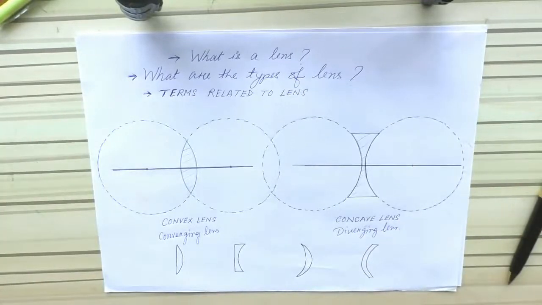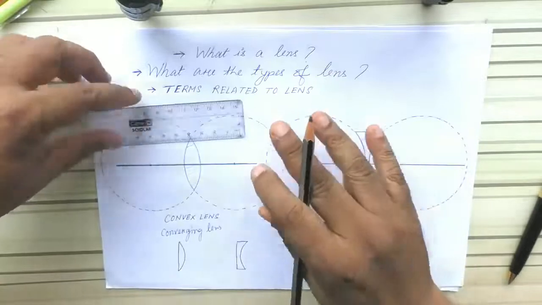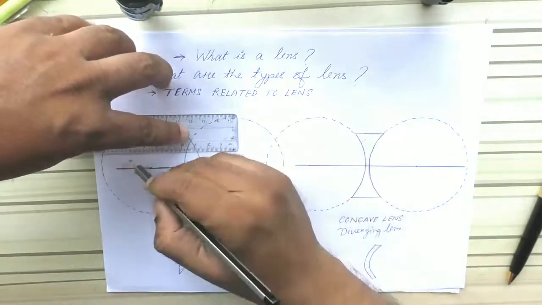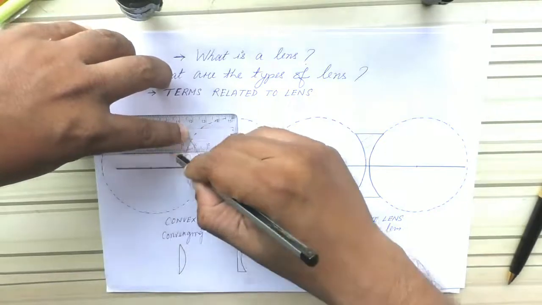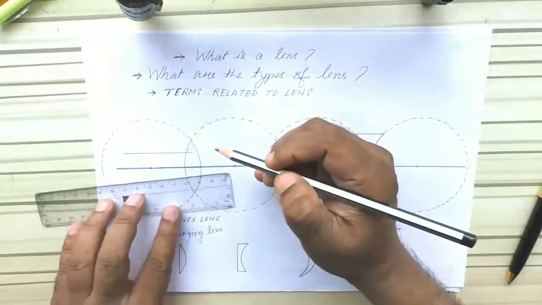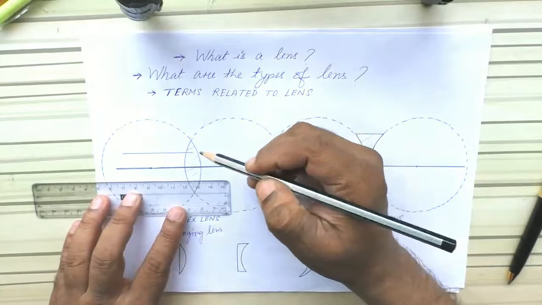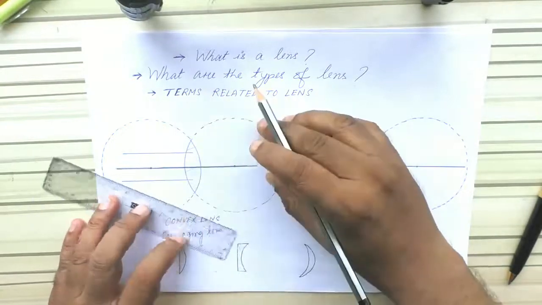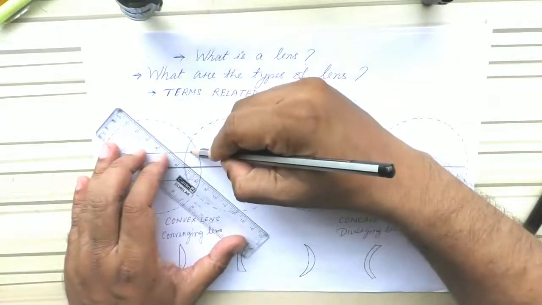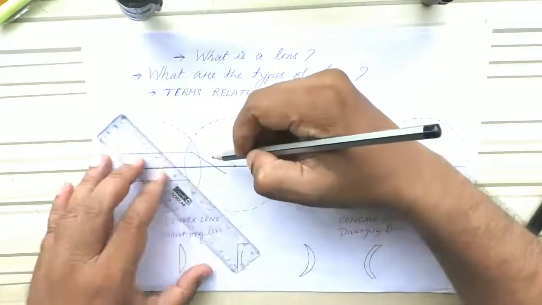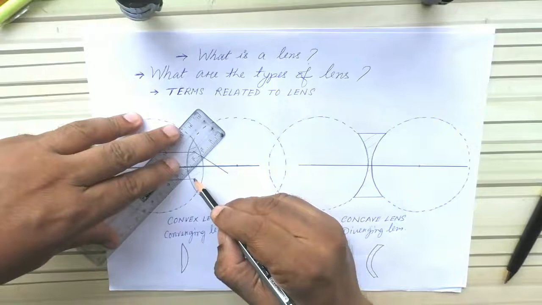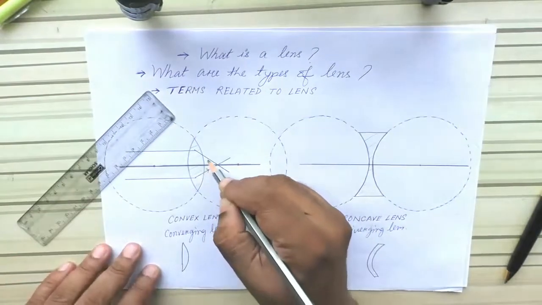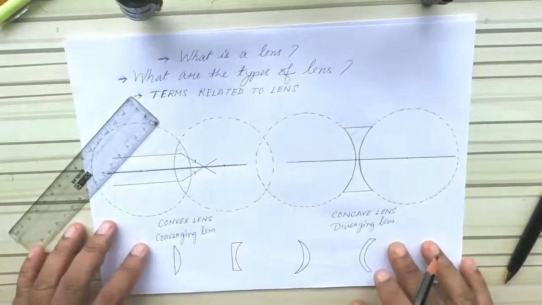The reason is that if I allow a parallel beam of light to pass through the lens, after refraction, the light rays converge at a point. Thereby convex lens is also called converging lens.